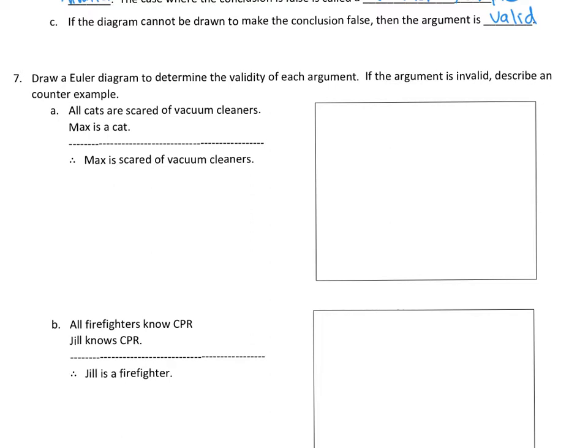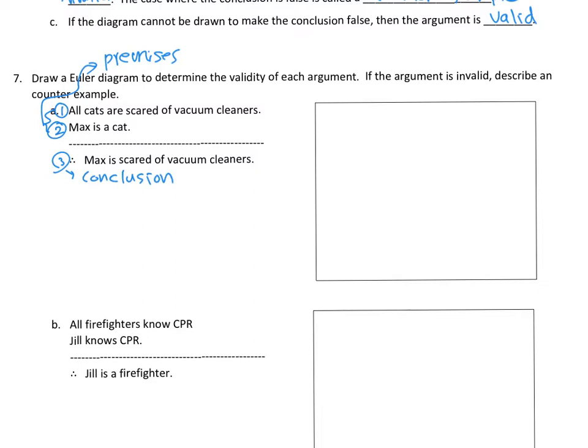All right, so let's look at the first. Here, I see two statements, and then I see these three dots. So this must be the conclusion, right? So 1 and 2 are premises, and number 3 is the conclusion.